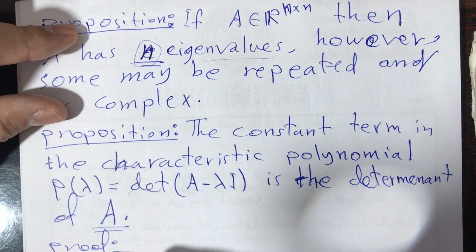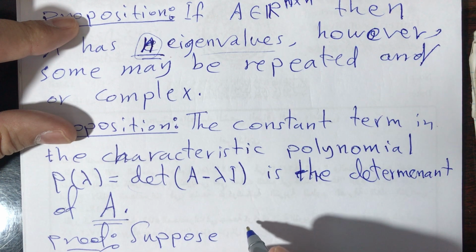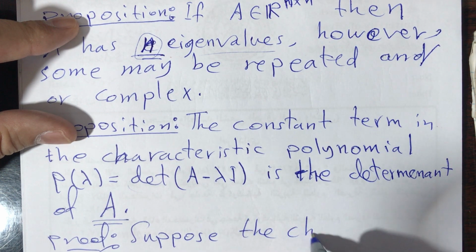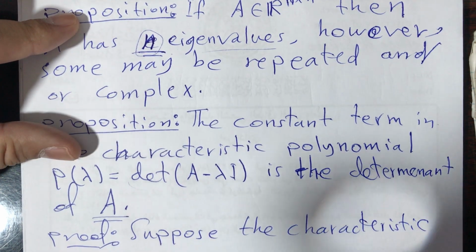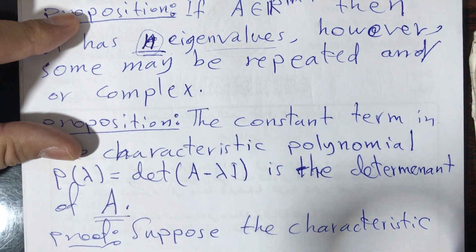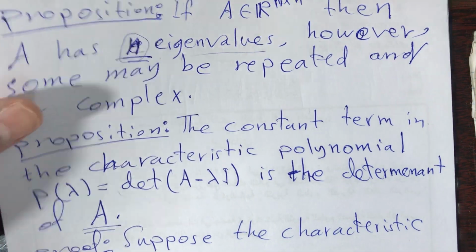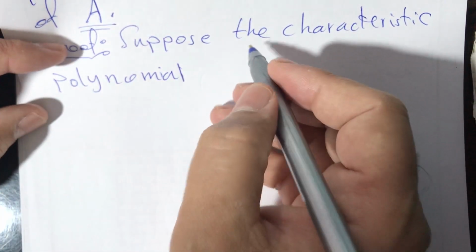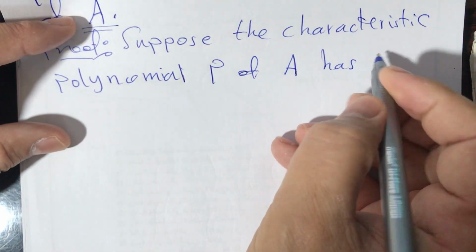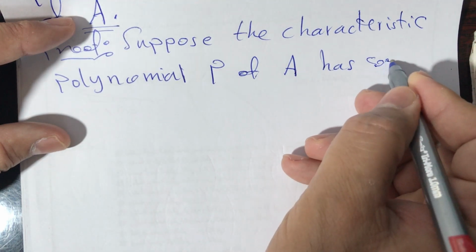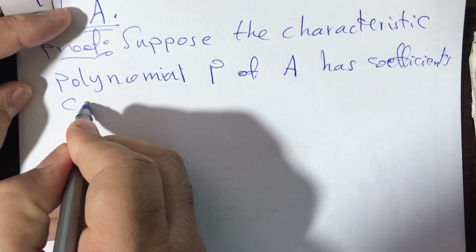Proof. Suppose the characteristic polynomial P of lambda has coefficients Ci.